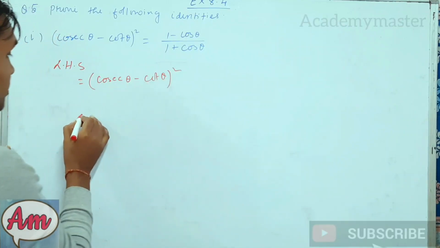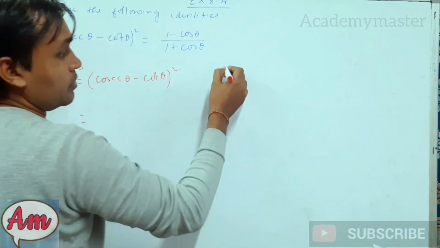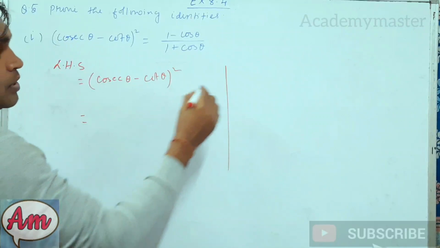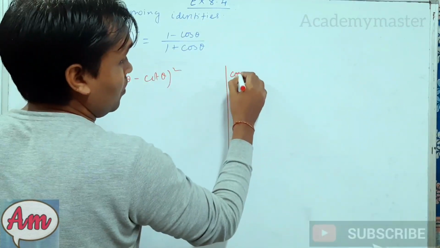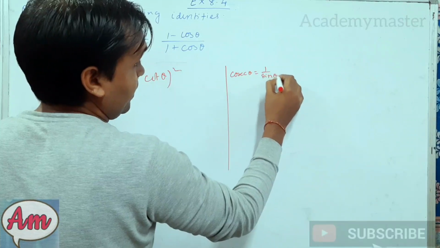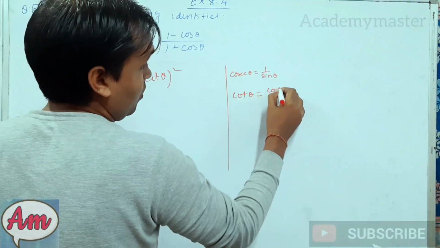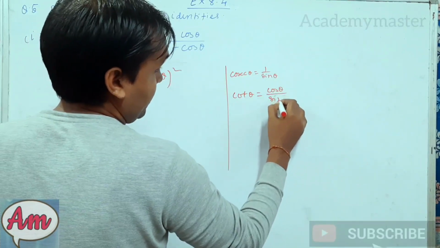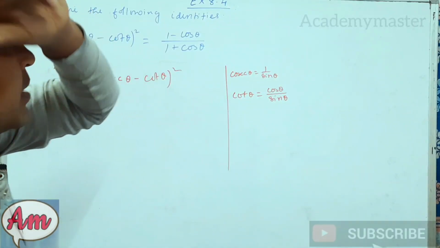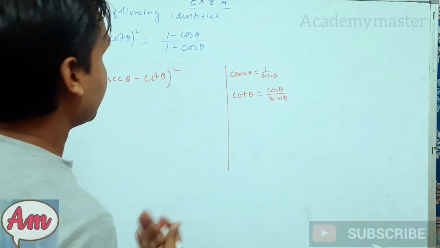Now dear students, by the side I will be writing some formulas also, but you should remember we have already studied that cosec theta is equal to 1 by sin theta, and cot theta is equal to cos theta by sin theta. I hope you remember this formula, because in exercise 8.1, 8.2 we have studied these things.